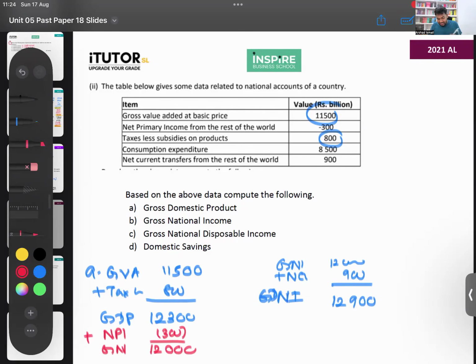Then last one, domestic savings. How do you get domestic savings? It's your what and what. How do you get I plus NX? Where is I? Where is NX?